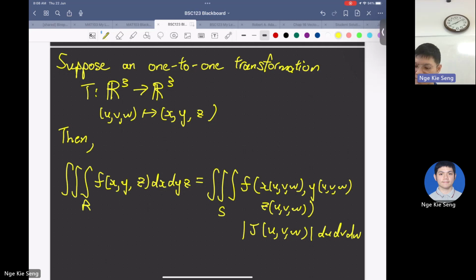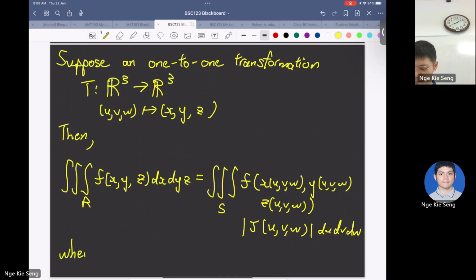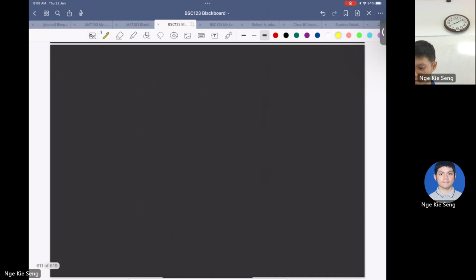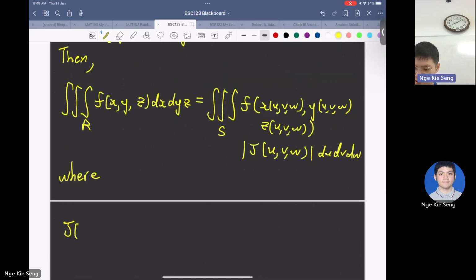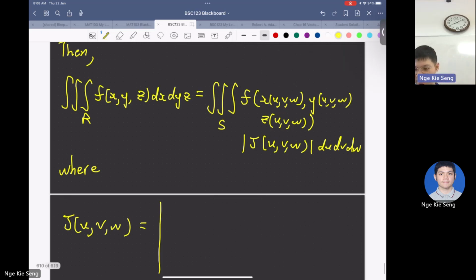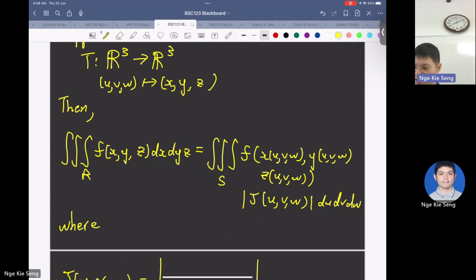Okay, so what's the Jacobian? So Jacobian is a determinant of a matrix. So what's the matrix? You take all the partial derivatives. So supposingly this part is called the new variable. This is the old variable. But you define your old variable using new variable.